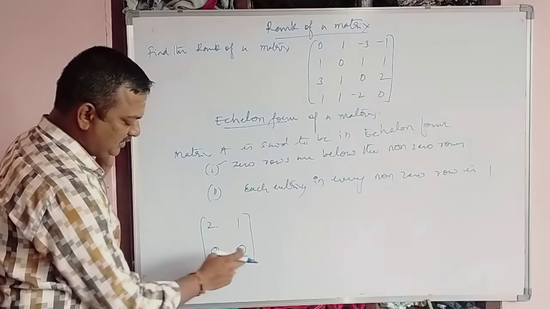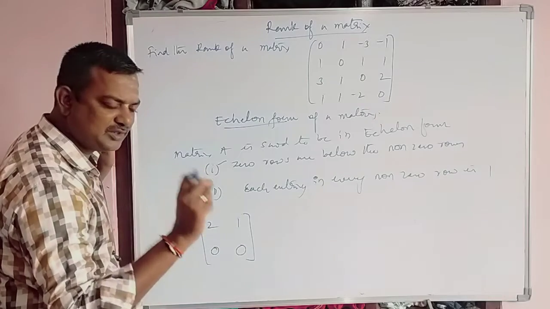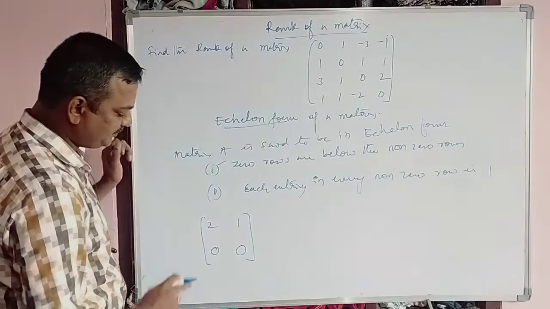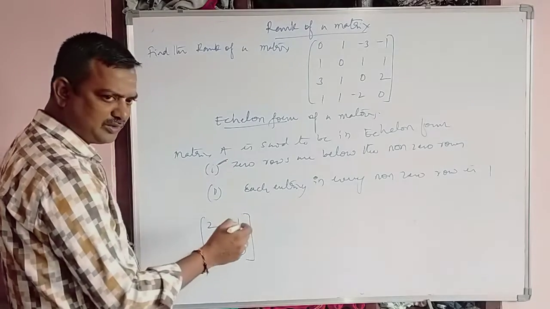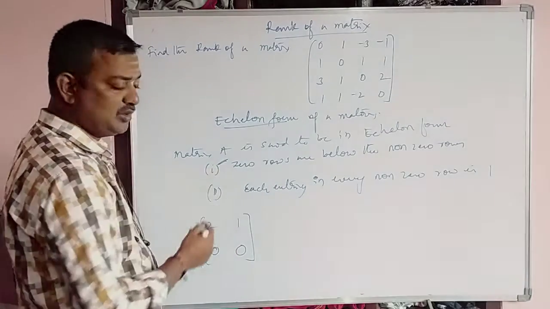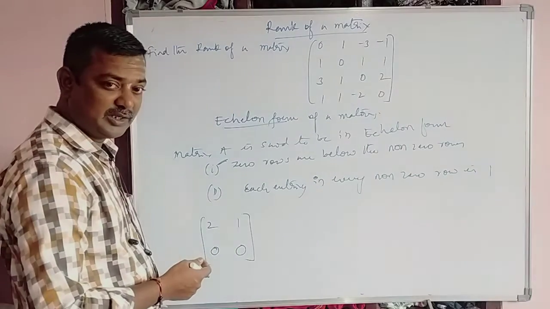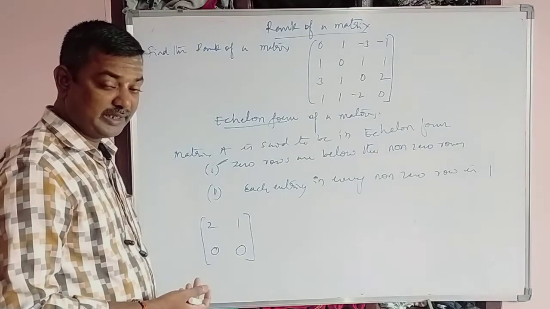Okay, this is the zero row. This is the non-zero row. Non-zero means at least one element is other than 0. So the first condition is satisfied since zero rows are below the non-zero rows. The first condition may or may not hold, because zero rows do not exist every time.